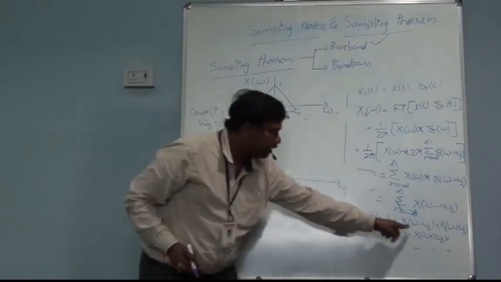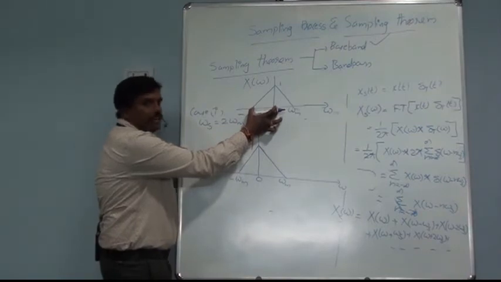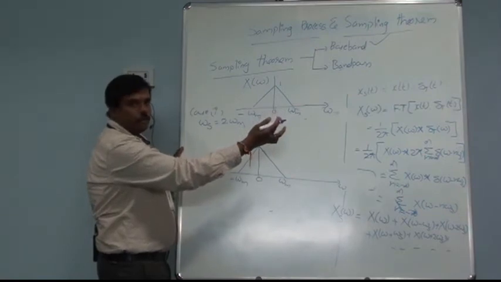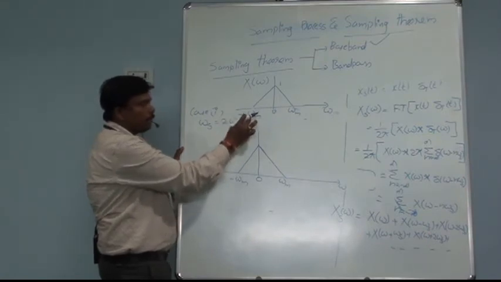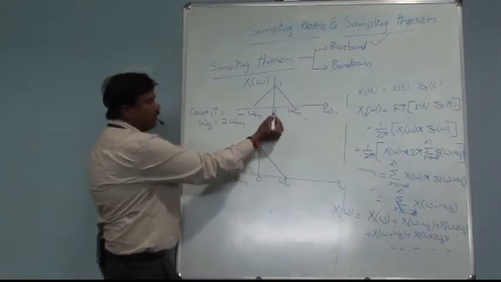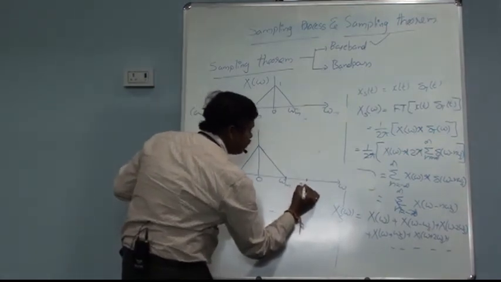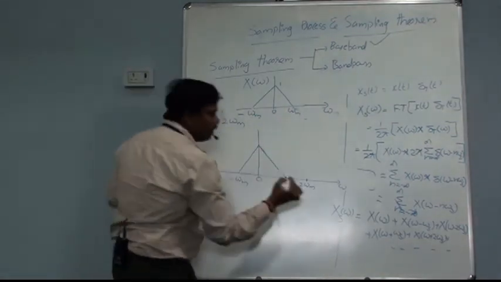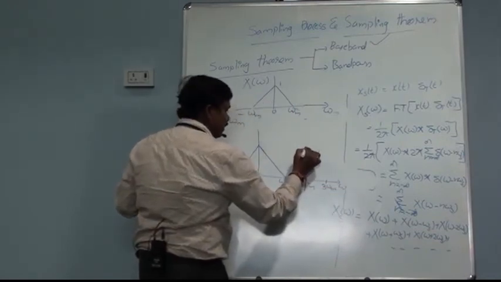This is added with X of omega minus omega s. X of omega minus omega s is this signal shifted to the right side by the omega s amount. What is the omega s value? 2 omega m. So minus omega m plus 2 omega m will be omega m, 0 plus 2 omega m will be 2 omega m, and omega m plus 2 omega m will be 3 omega m.